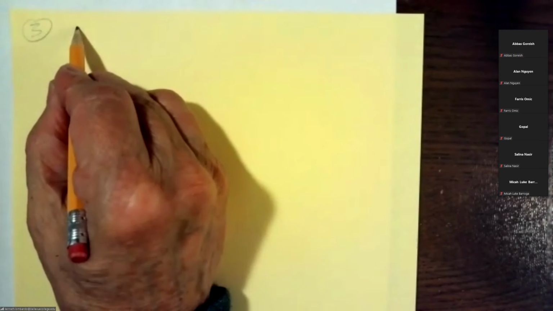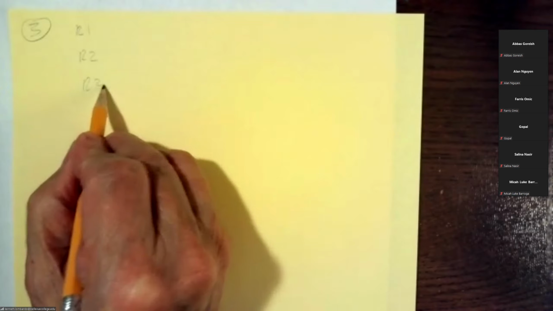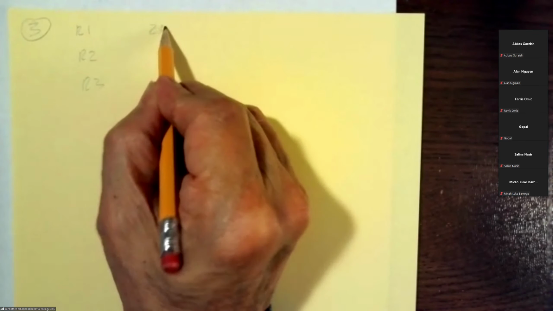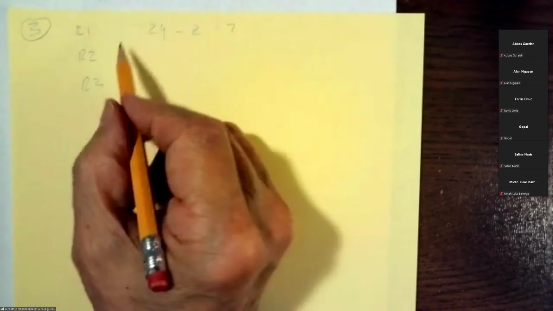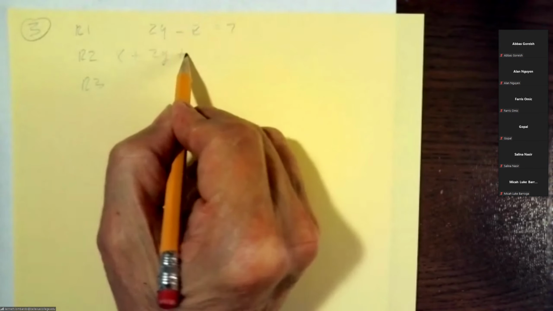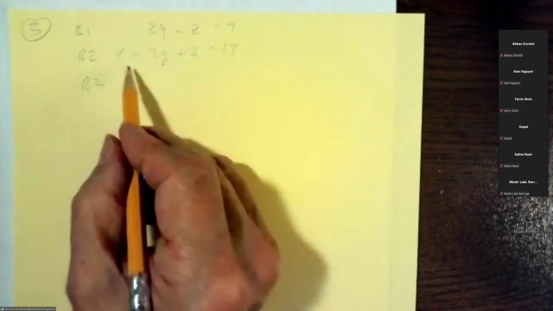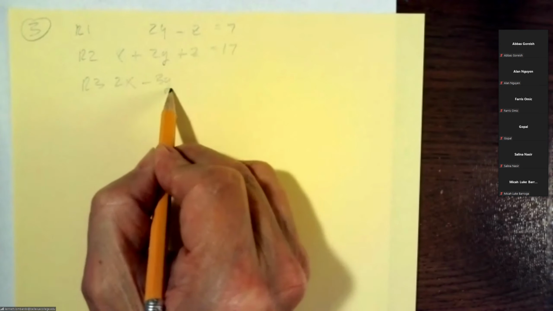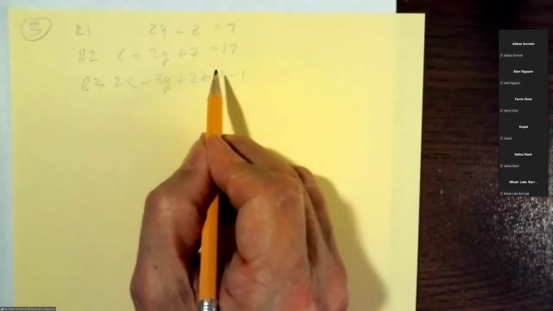Again, row 1, row 2, row 3, and maybe we have 2y minus z equals 7. I might have x plus 2y plus z equals 17. I might have 2x minus 3y plus 2z equals -1.